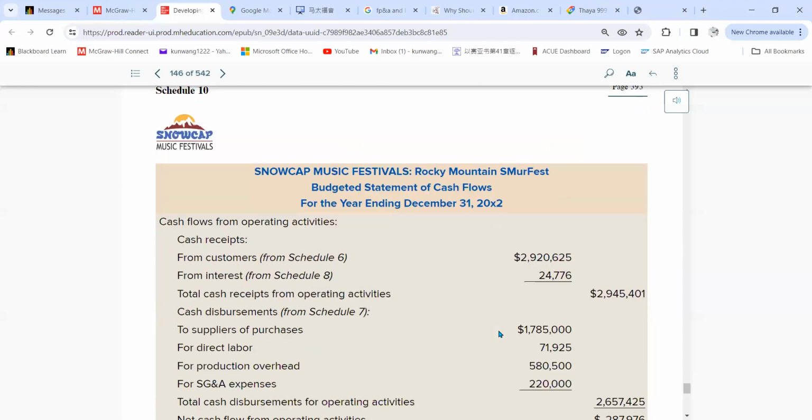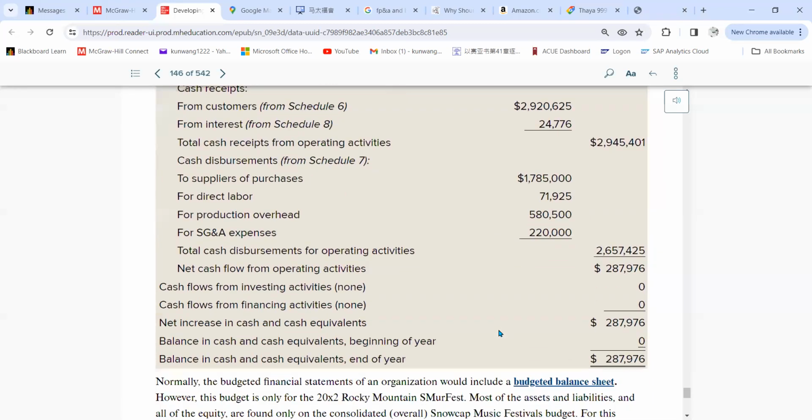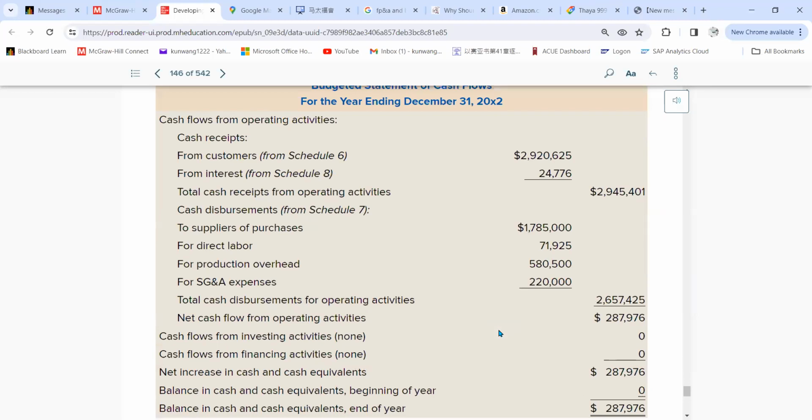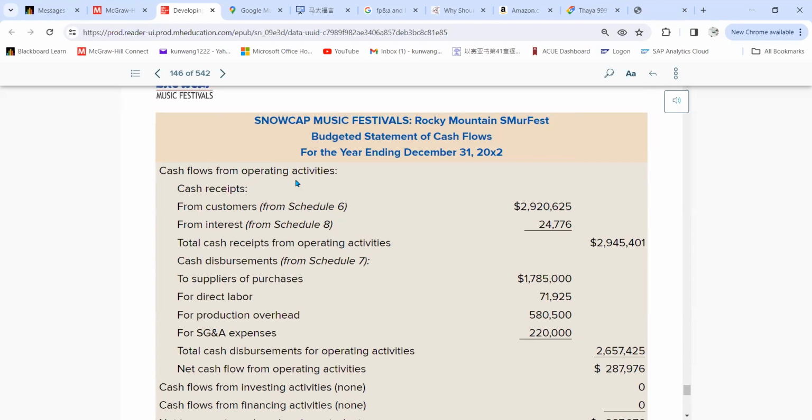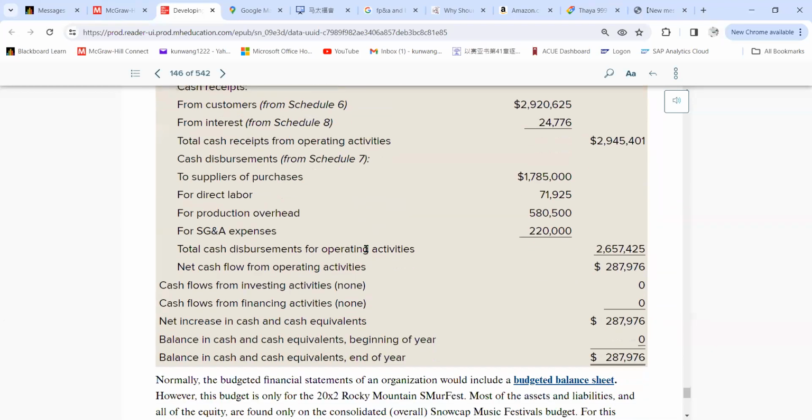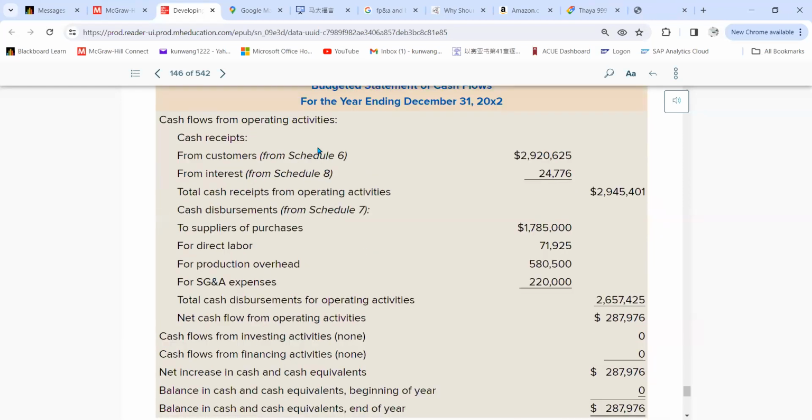We are converting or representing the cash information using the direct method for cash flow. So we are telling the users how much cash flow we generated from the operating activities, which is the event organizing, the music event. And in this unique case, I think all of the cash flows are coming from the operating activities.